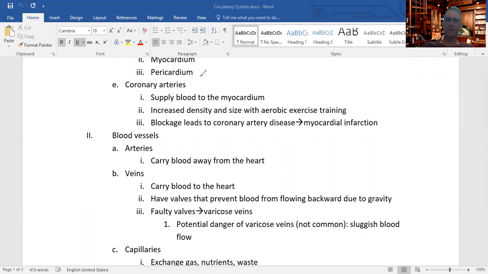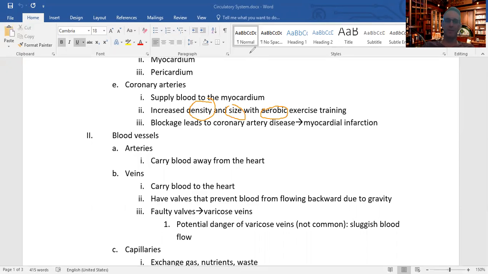We don't want blockages in these because the heart muscle has to contract 24/7, 365. Well, if you train regularly, aerobic style training, endurance training, the size of these coronary arteries will get bigger. They will also increase in density, meaning you have more of them supplying the heart muscle, which means that now even if you get a blockage in one, you might be able to get the blood around it anyway because you've developed these additional pathways.